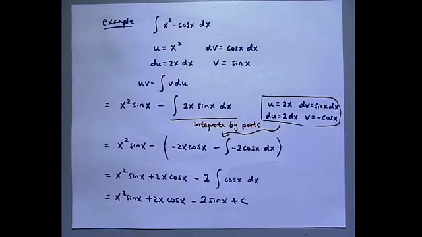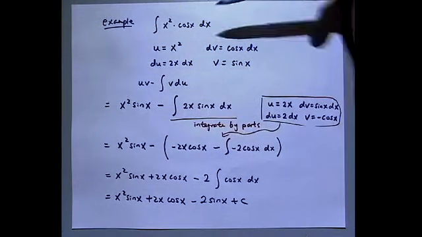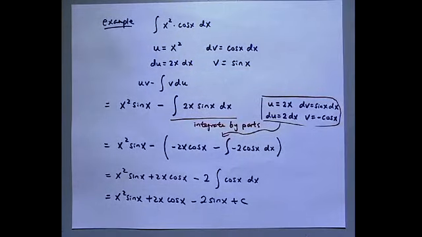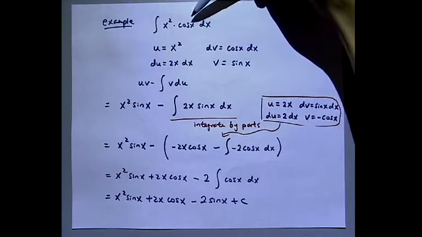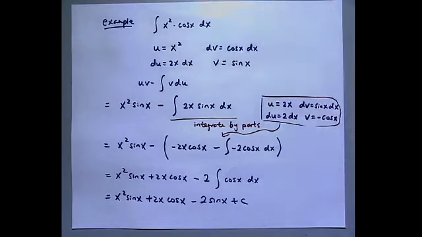So we can generalize this and say when I have x to the n times a trig function, I have to do the integration by parts n times. And that's the same kind of thing you would see if this were an exponential function. X times e to the x, x squared times e to the x behave very much the same way. The power here often tells you how many rounds of integration by parts you have to do. Does that answer the question? Okay. Other questions about this?